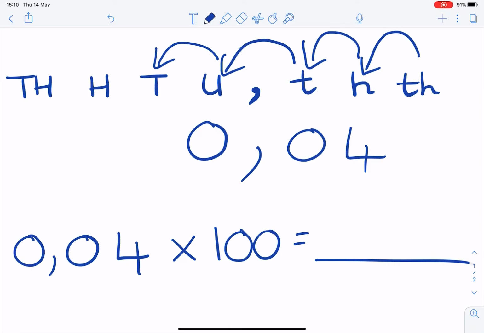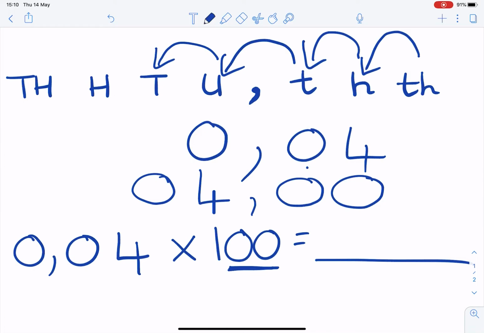Each number has to move 2 spaces to the left. So the 4 will go not here, but here. And the 0 will go not here, but here. And then we replace those with zeros. So the answer to 0,04 times by 100 is 4.